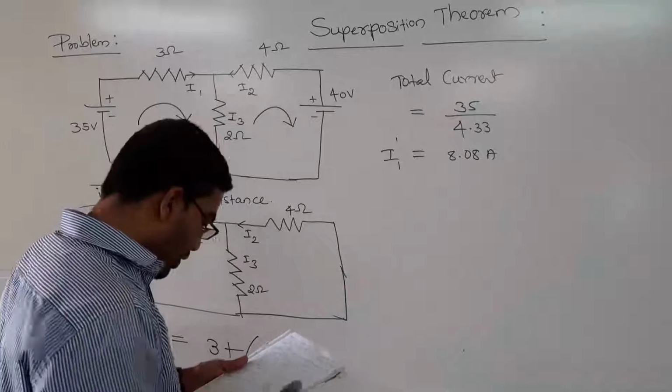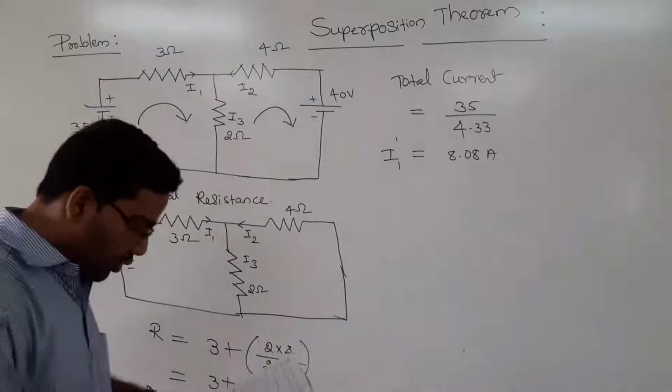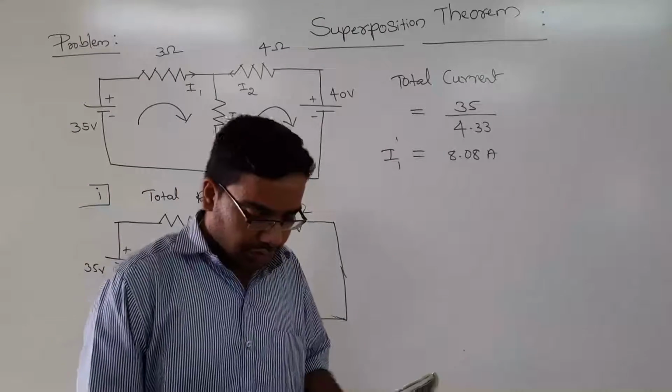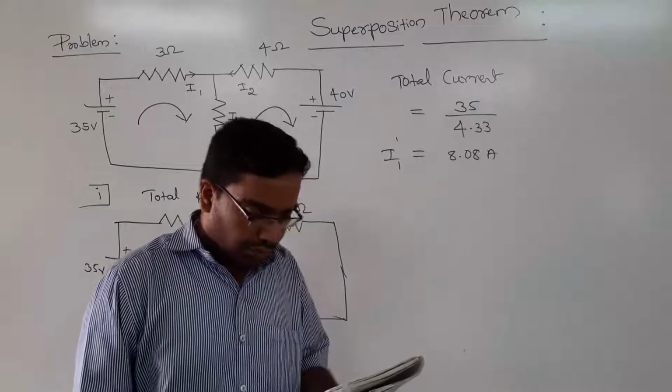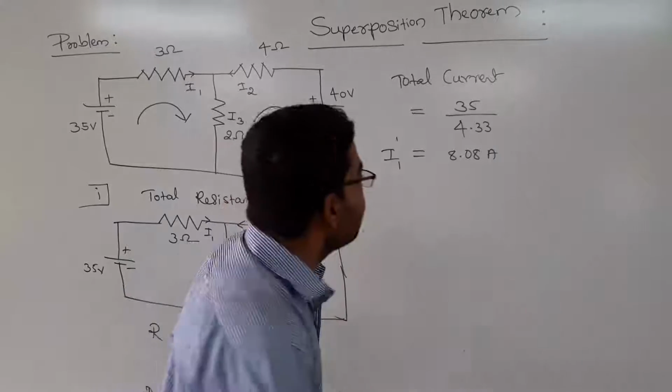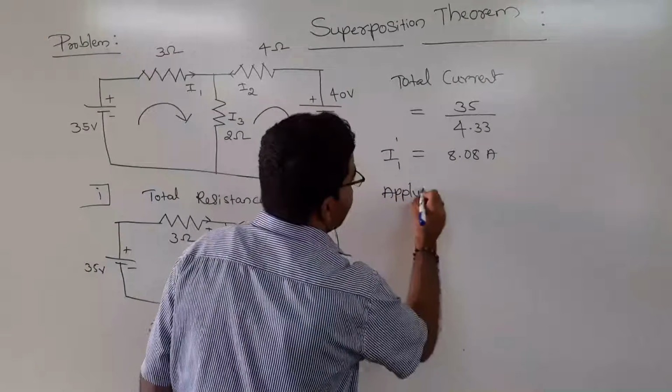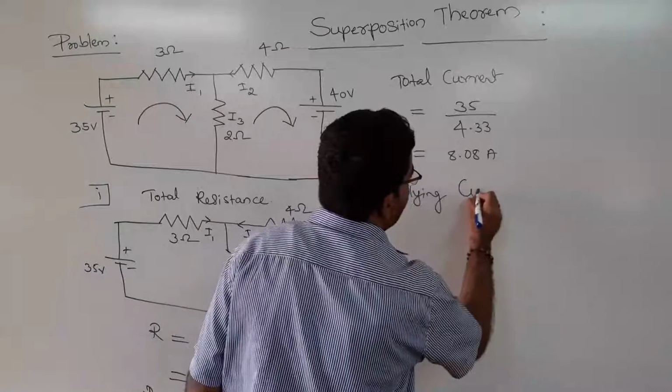So after that, what I have to do? Applying the current divider rule, current in 4 ohm resistor.